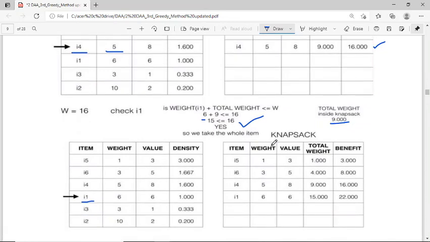Yes, true. And we are adding this here. Now, 16 minus 15 is 1. So the remaining capacity is 1. Go down.